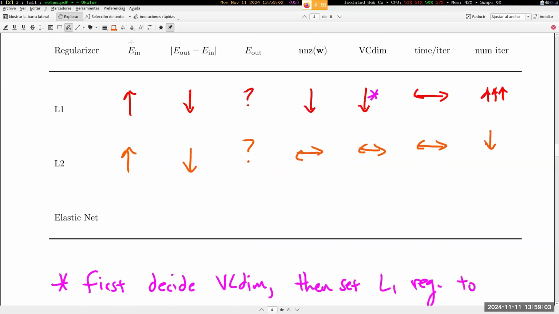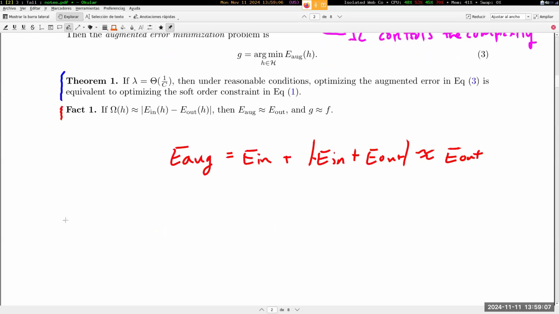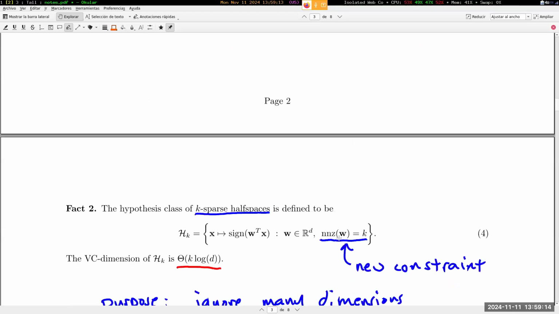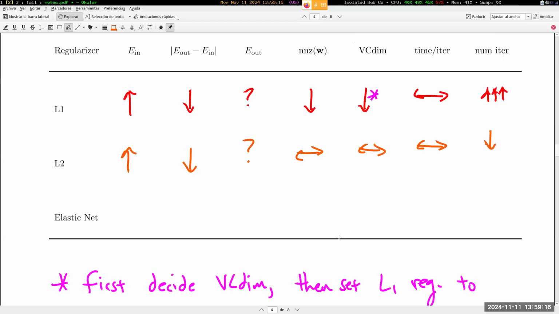The elastic net regularization was just the mixture of L1 and L2 regularization. The hope of elastic net is to get the best of both worlds. It'll still have the same overall effect on the in-sample error, generalization error, and out-of-sample error. It does make the number of non-zeros go down because it has the L1 component inside of it.